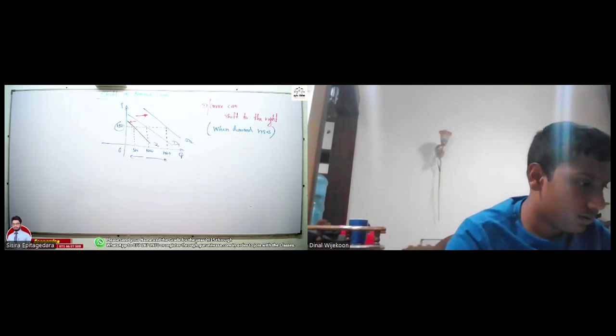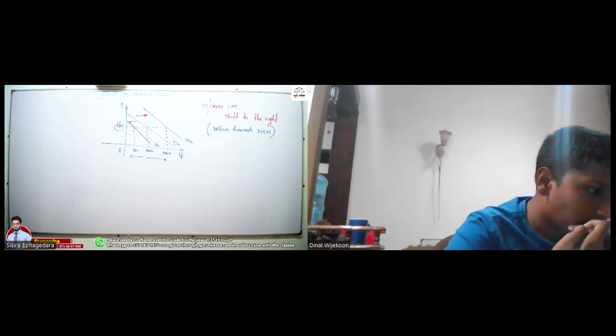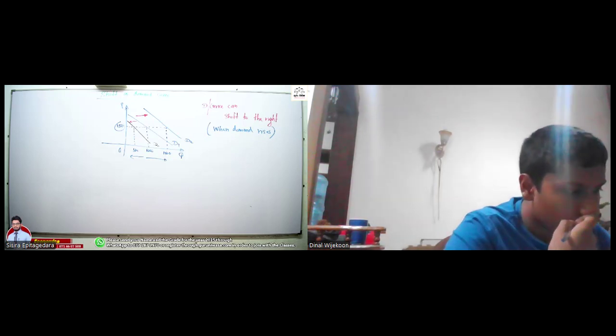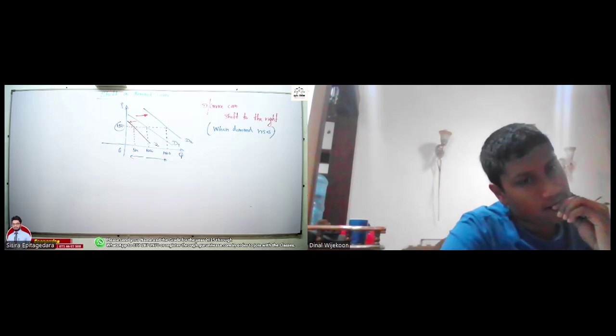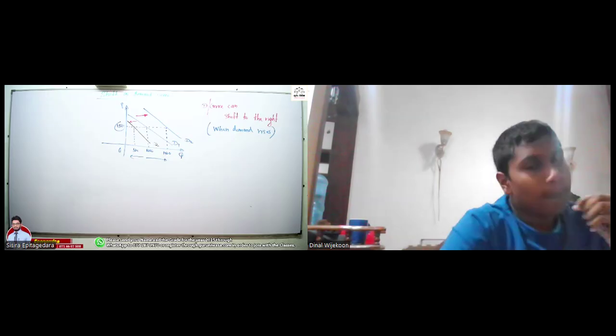I have drawn both increase in and decrease in demand on the same diagram, right? I want you to divide it, separate it: left shift in one column, right shift in another column. Draw the second one yourself. Give it a try.